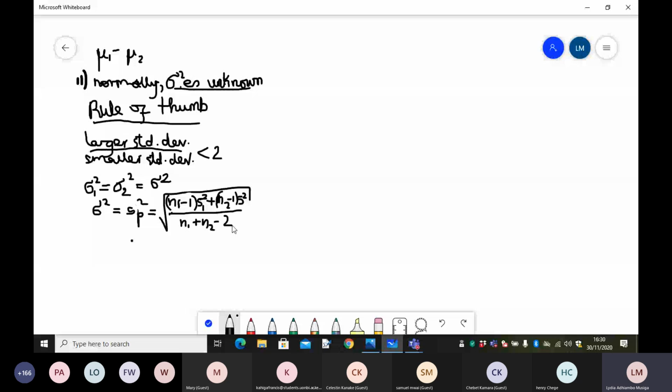So of course, if we get SP, this is known as the pooled sample standard deviation. SP is the square root of SP squared. So SP is the pooled sample standard deviation. Now, why are we calculating SP squared? Because population variances are assumed to be equal.